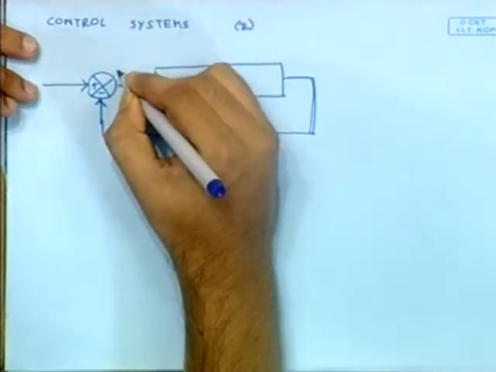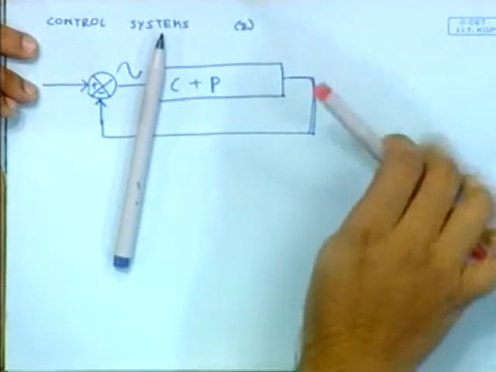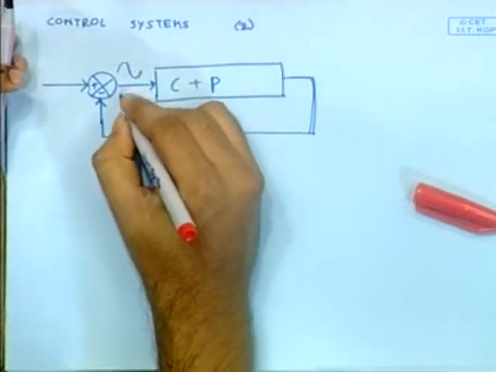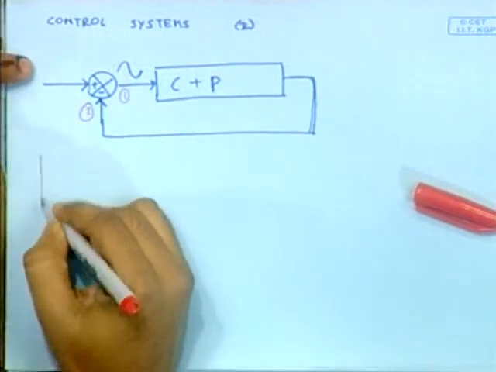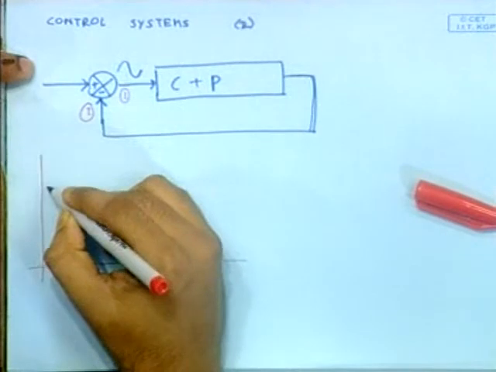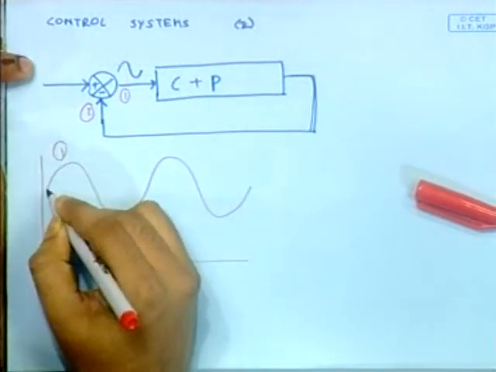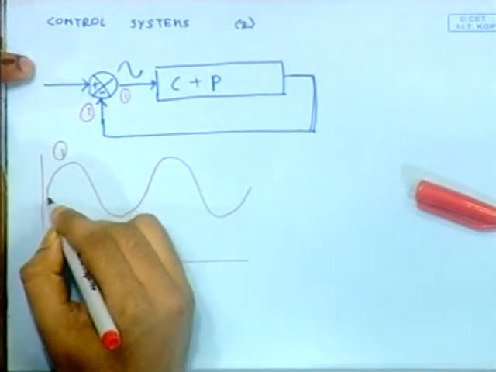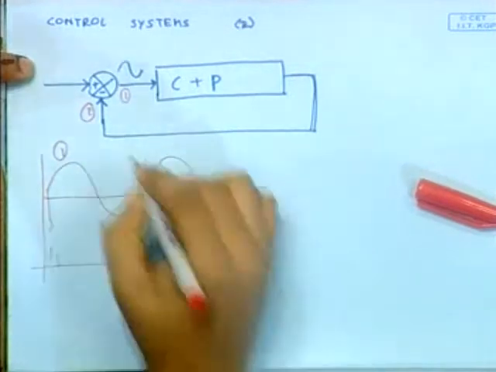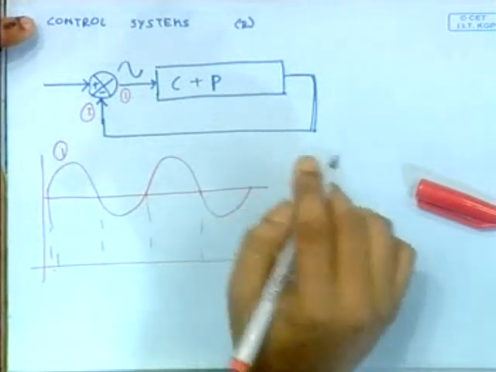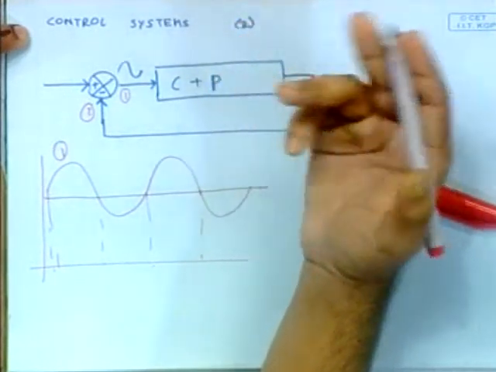So that's what has to be done. Suppose there's a small sinusoidal noise. I mentioned this point as 1 and this point as 2. Now since this is a negative feedback, you all know that a system becomes unstable when it runs into positive feedback.